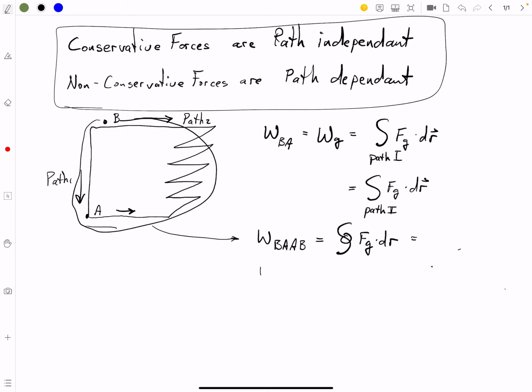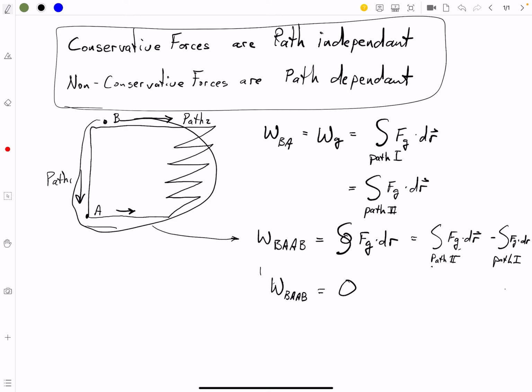Oh, that has to be path 2. Okay, so we're going to do the integral over path 2 up one side, Fg dot dr, and go back down the other. So the total work done by gravity going from A to B ends up being 0.